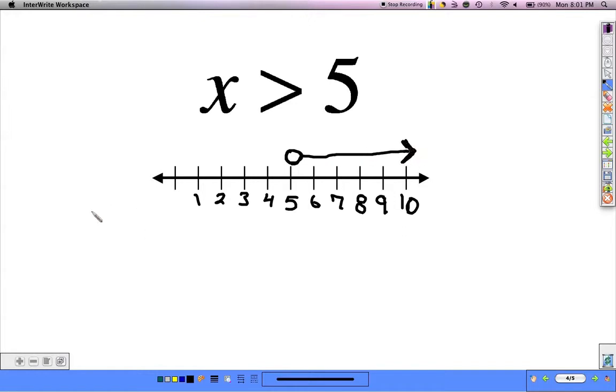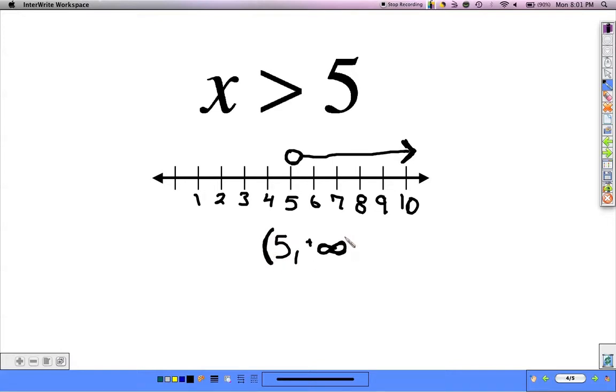So now we want to write our solution set goes from 5 up to positive infinity. By the way, if you didn't know, the infinity symbol looks kind of like an 8 on its side. Now, because it doesn't actually include 5, then we just want to leave parentheses at 5 to just show that 5 is our starting point.